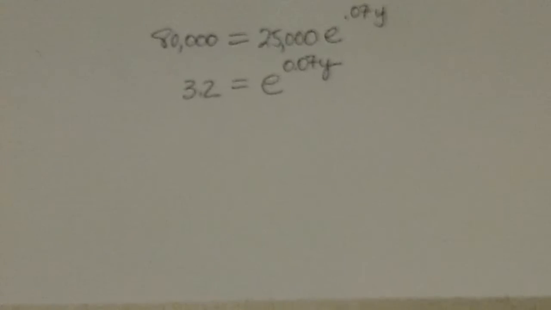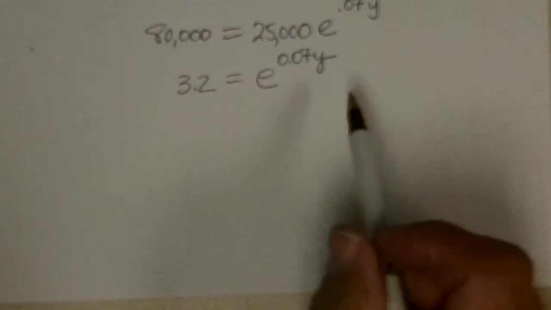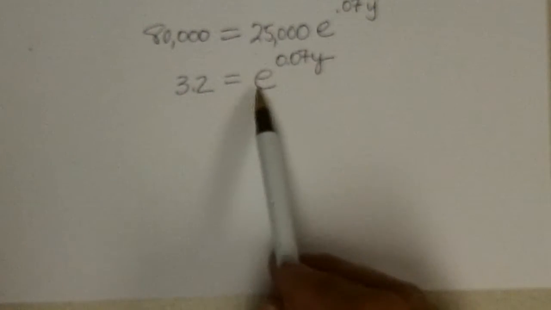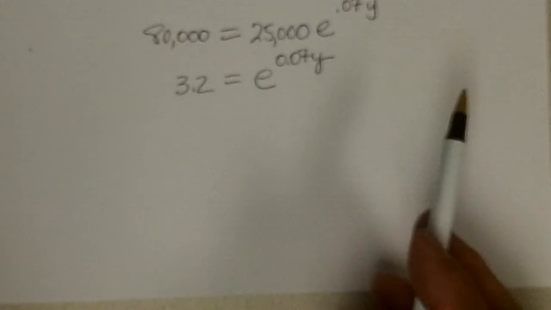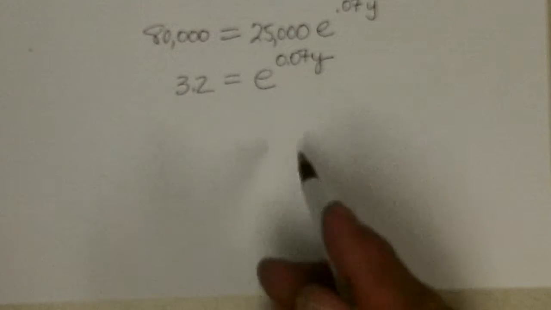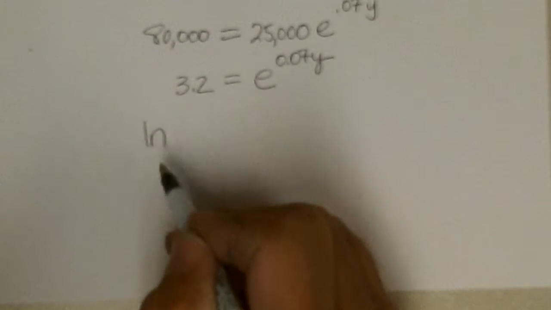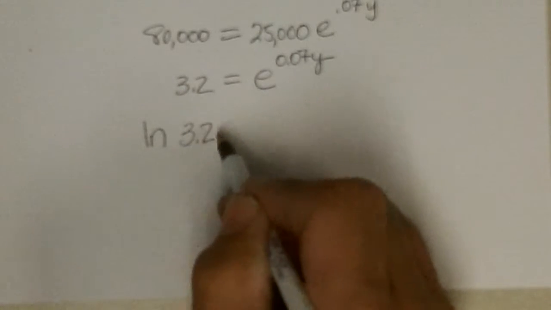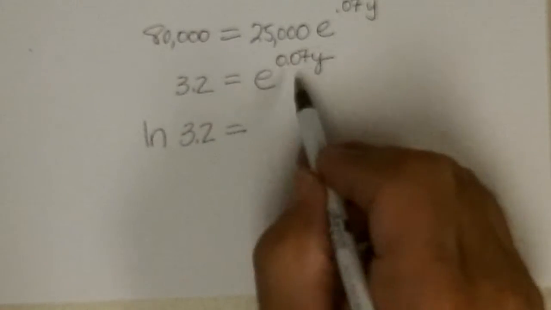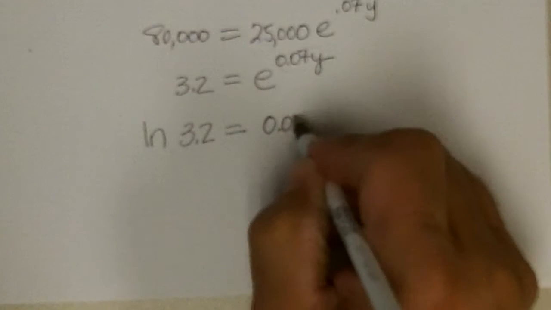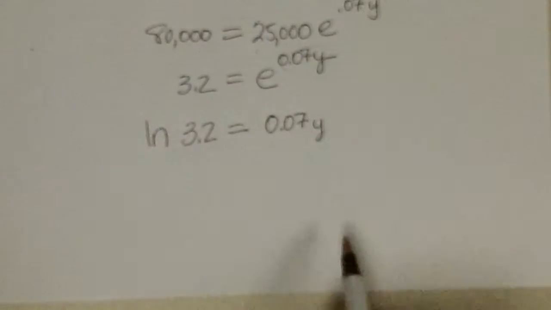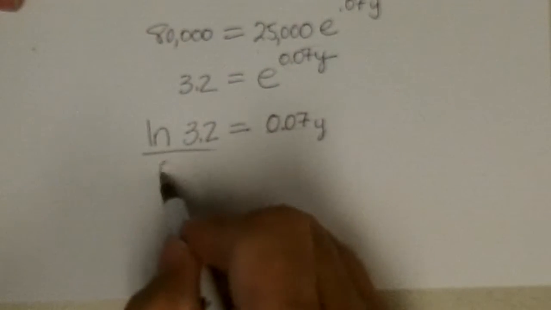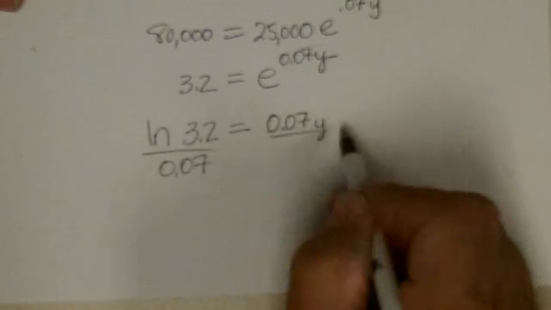So now to solve that, now it's down to a simple e here, and so if I do ln on both sides, since this is base e, or write this as a power equation, to what power do I take e to get 3.2, and the answer, the power I'm taking it to, is 0.07y. So I'll just divide by 0.07 on both sides.